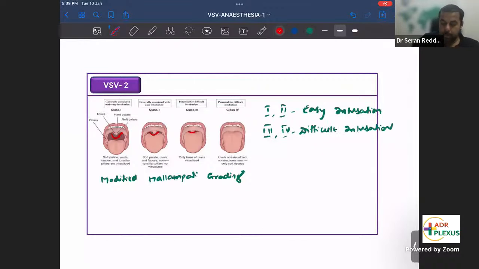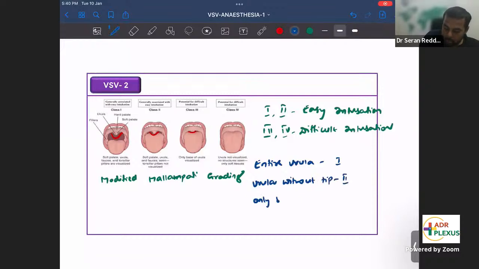And remember, very importantly, the entire uvula is seen in 1, the uvula without the tip is seen in 2, only the base of the uvula in 3, and the uvula is not seen in 4.